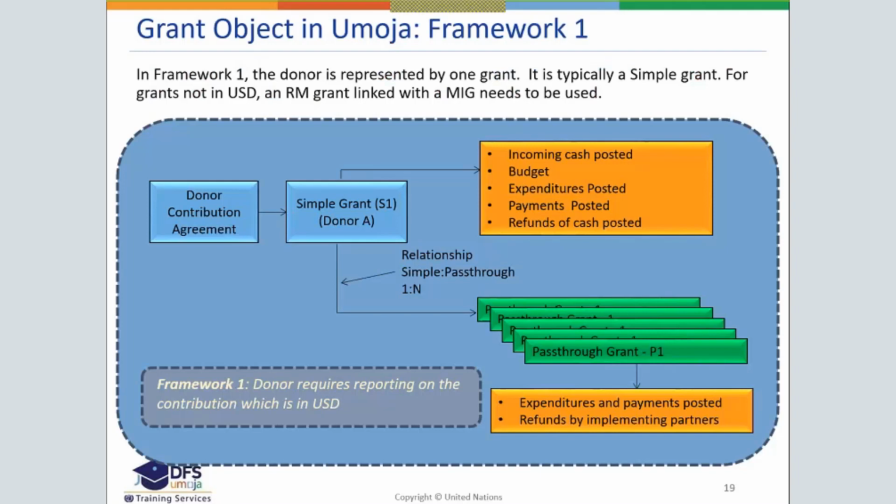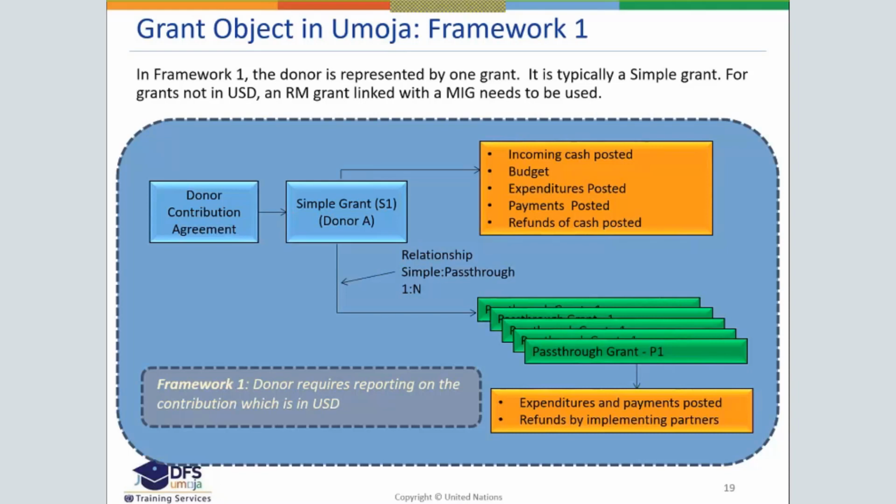It is typically a simple grant, and as I mentioned before, when the grant is not in US dollars, we will use a grant linked to a MIG grant. Okay? So this is called Framework 1, and the most important thing that you have to take into consideration in Framework 1 is that the donor requires reporting on its own contribution. Okay?